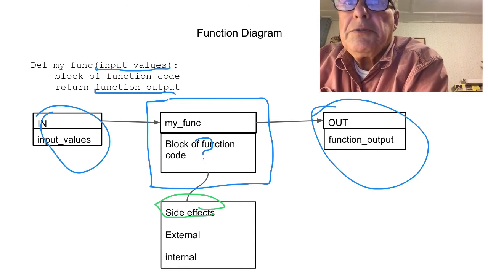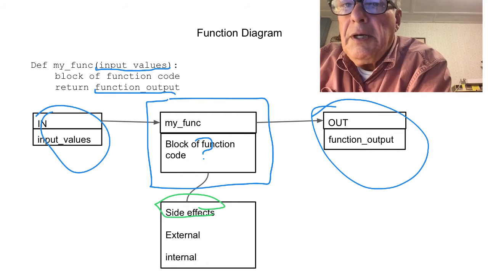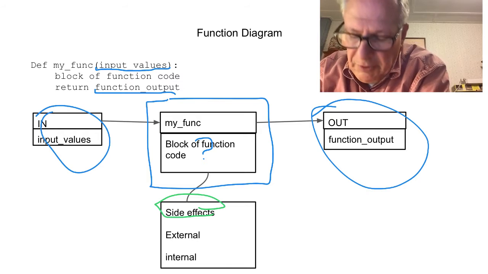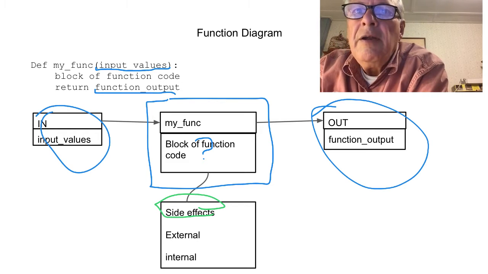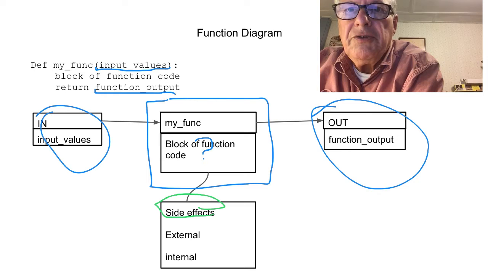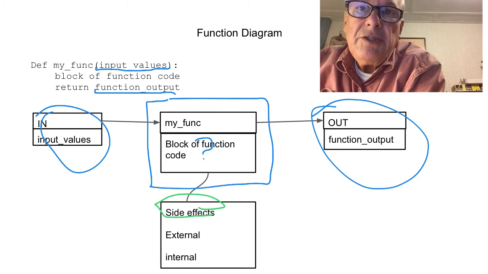Some side effects are beneficial. Others are a trap for the unwary. So consider the print statement, a built-in Python function, which accepts as input a series of arguments that it assembles into a string, and it prints it to the console, and it doesn't return a value.